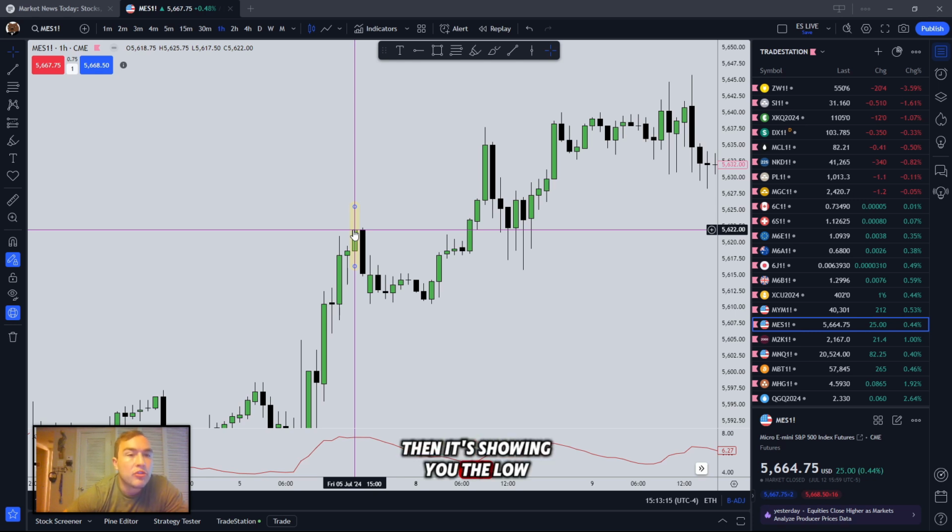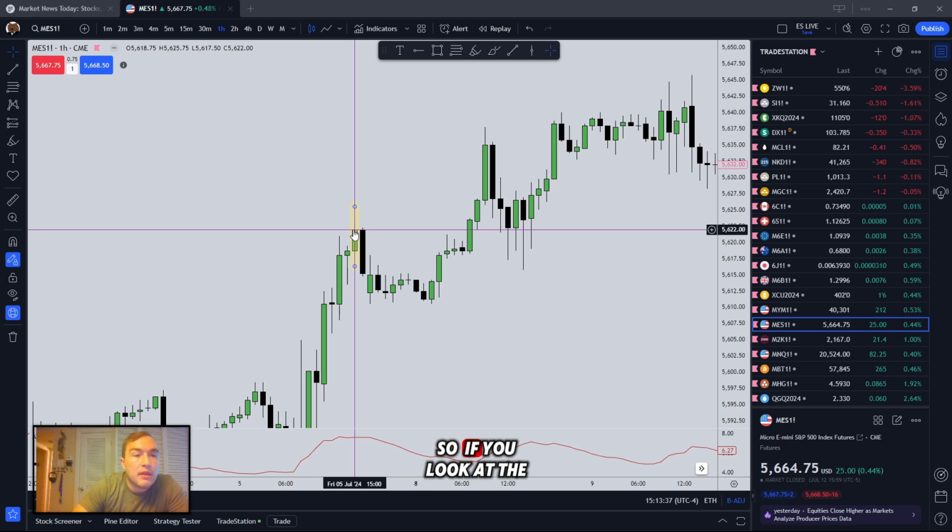Okay, and then it's showing you the low, which is the lowest value. It's not really a dollar value. This isn't a stock chart per se. It's very similar to a stock chart, but it's not technically a dollar value. It's just an index point value. It's showing you also the close, so where it finished for that hour.